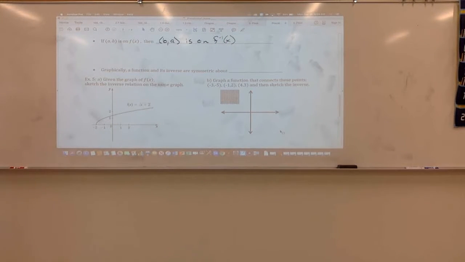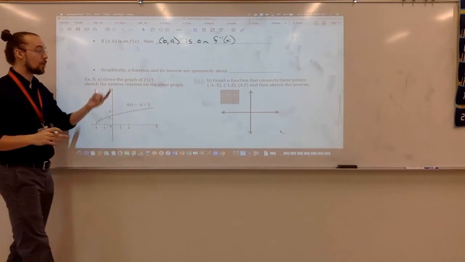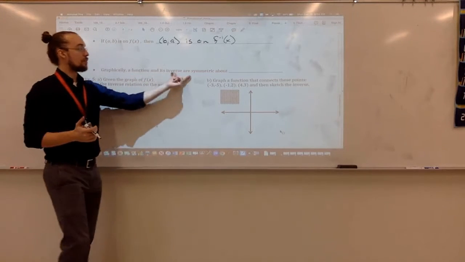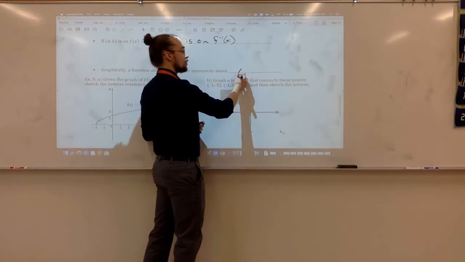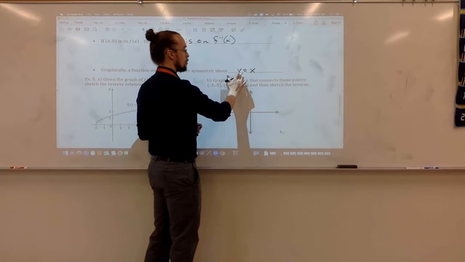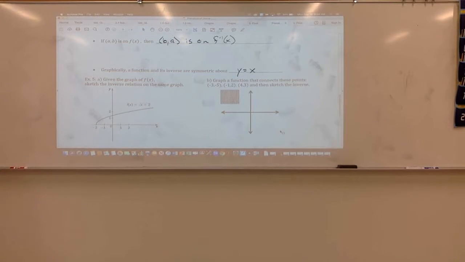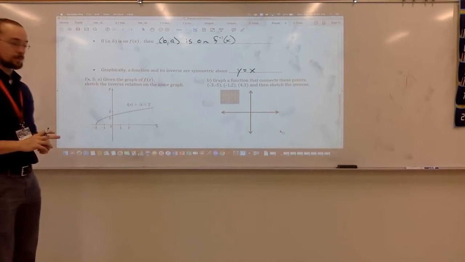Okay, so if we have some point on the original function, I just switch the x and y coordinates, and that will be on the inverse. Okay, so what ends up happening then, if all I'm doing is switching the coordinates, a function and its inverse are symmetric about the line y equals x. Okay? A function and its inverse are symmetric about the line y equals x.